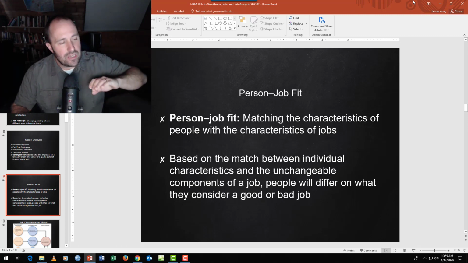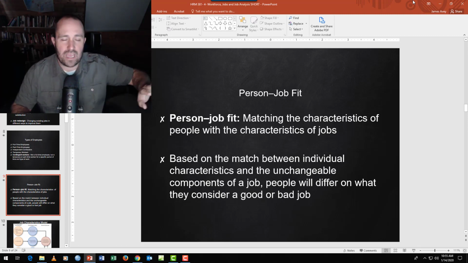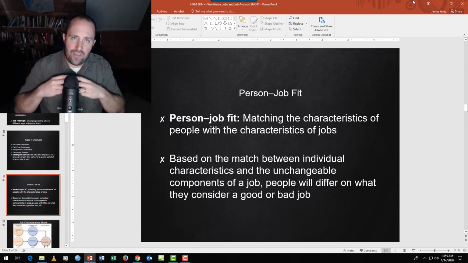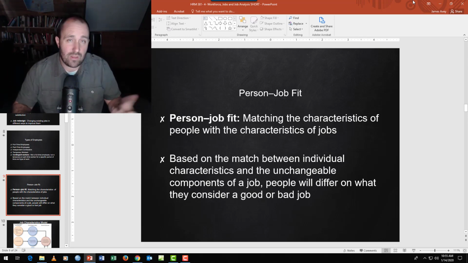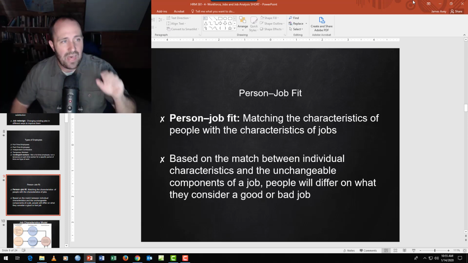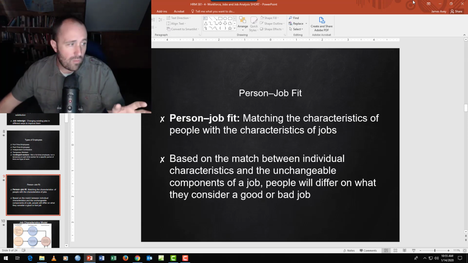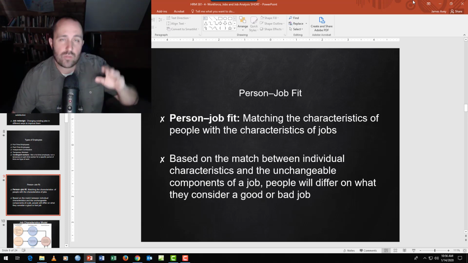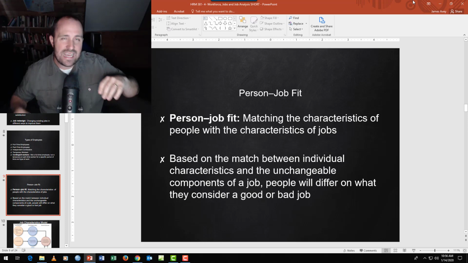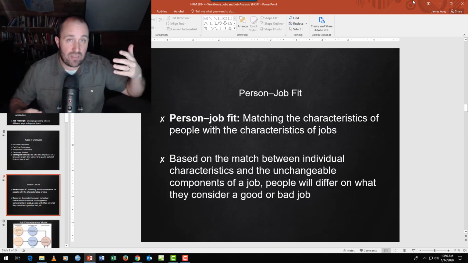So it's not just does the person meet the minimum qualifications? It's do they fit the way they're wired, what they know, their experience or skills, does it fit with, frankly, the requirements of the job? This is really important when we begin to talk about job design, which is the next slide, because what we're going to talk about for the next few minutes is how to design one aspect of that equation.